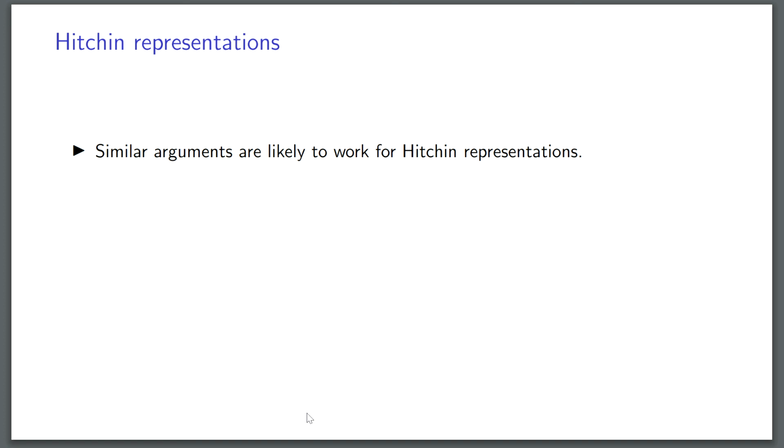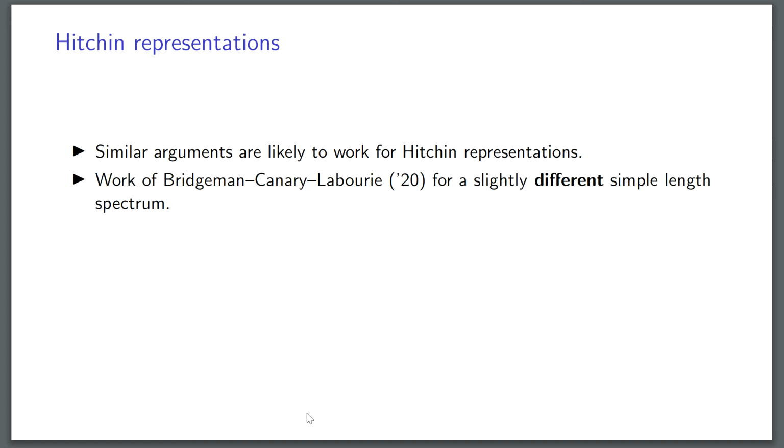What you are then looking for is a similar statement that the simple length spectrum of a Hitchin representation determines the representation uniquely. And there is some work in this direction by Bridgeman, Canary, and Labourie.